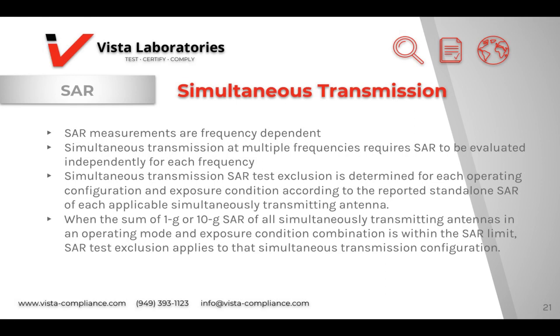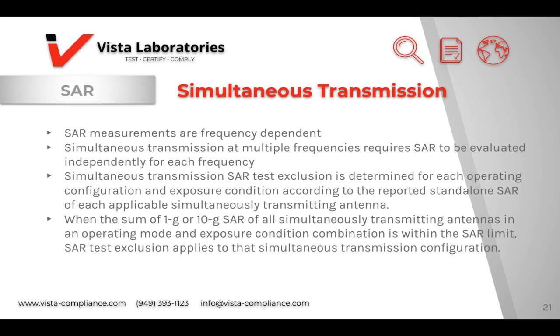So what happens if you have multiple antennas transmitting at the same time? SAR measurements are frequency dependent, we know that. This is due to various factors such as the probes that we use, or the dielectric parameters of the tissue medium that we use.